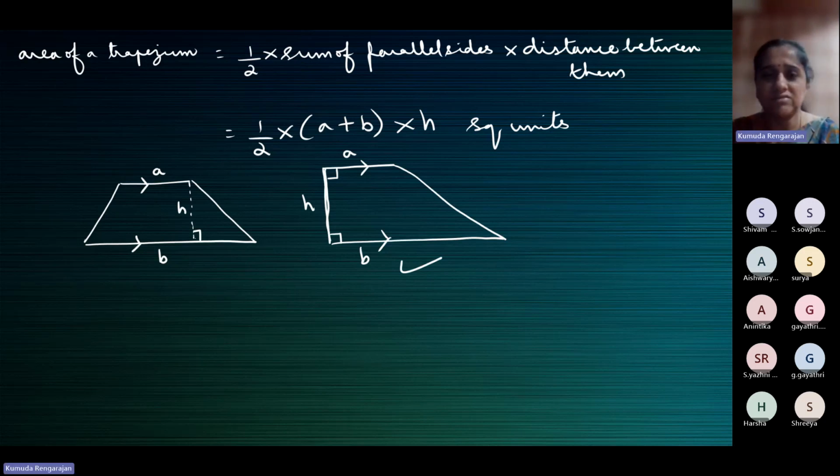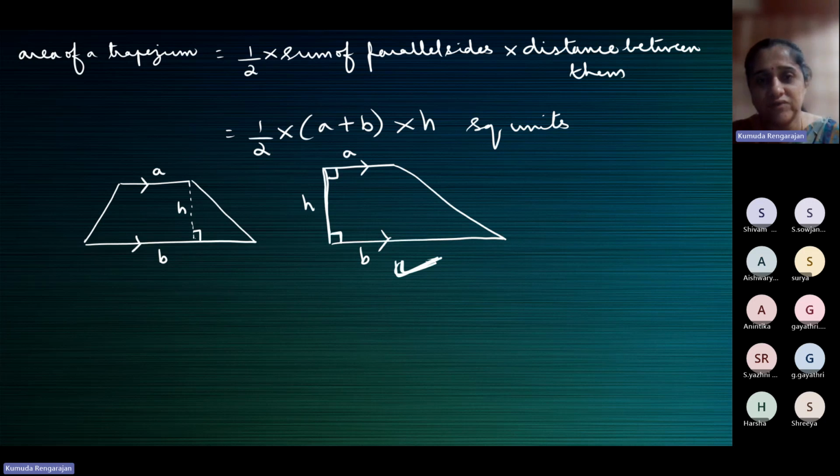So parallel sides, we understand. Distance between them. Now in the second figure, you can see that one of the sides of the trapezium is perpendicular to the parallel sides. See here, this is one side of the trapezium and it is perpendicular to the parallel sides. Then that side itself can be taken as the height of the trapezium.